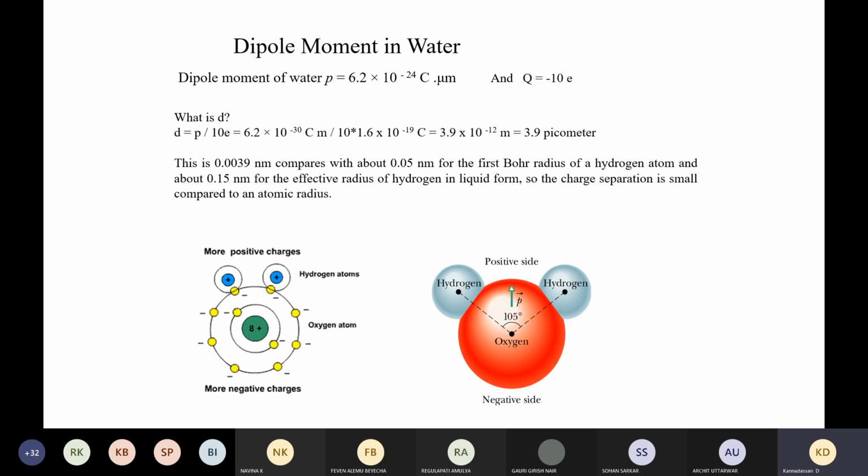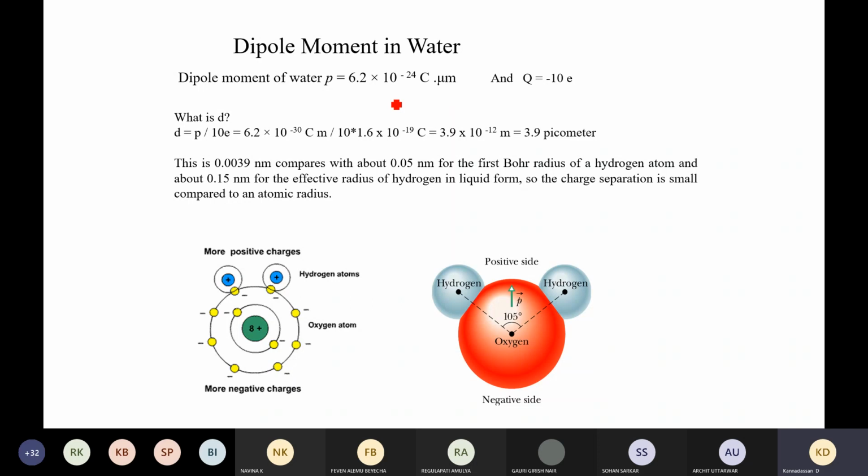And in fact, Niels Bohr, when he studied, in order to study, he thought of taking the simplest material to be studied. Of course, hydrogen was that, but hydrogen is very difficult to study with. What he did is he actually studied water itself. The dipole moment, which was calculated in his time with the best possible accuracy, was this.